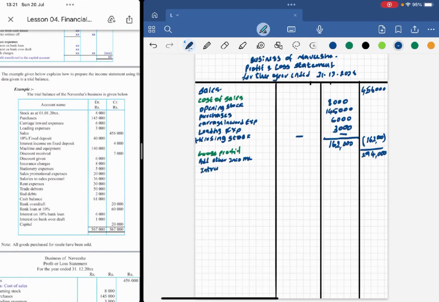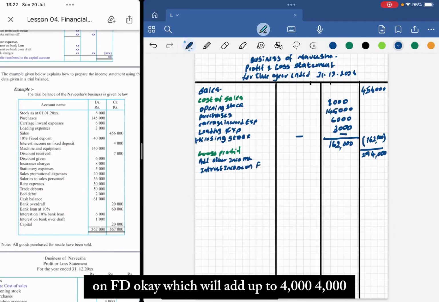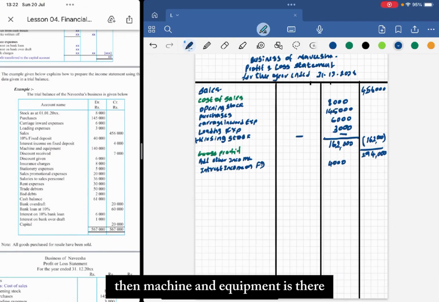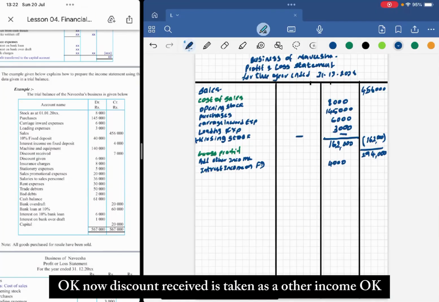Interest income on FD, which will add up to 4,000. Then machine and equipment is there. Then there is a discount received. Discount received is taken as other income.